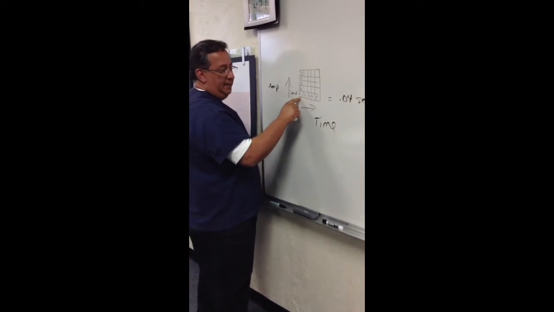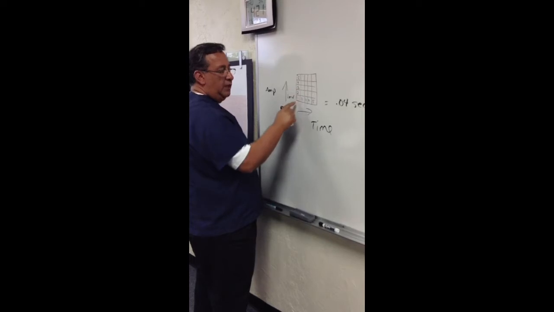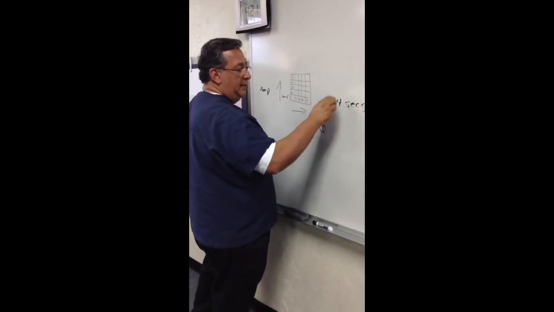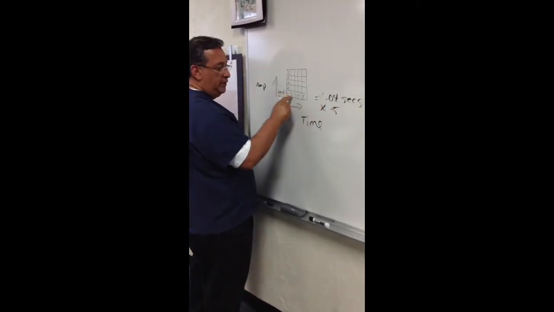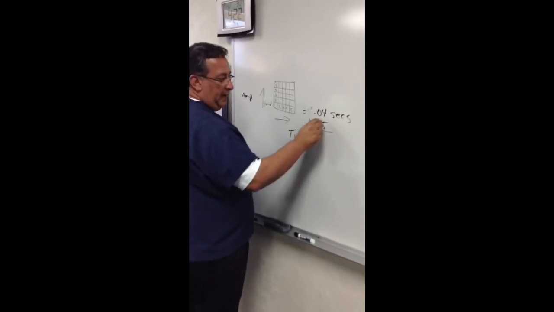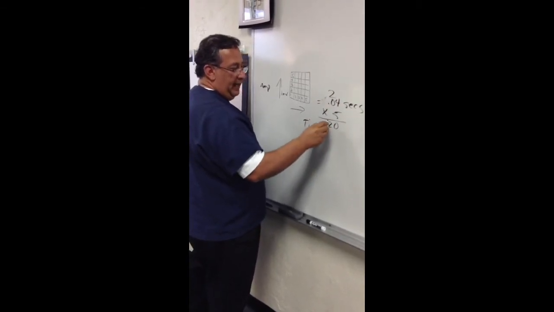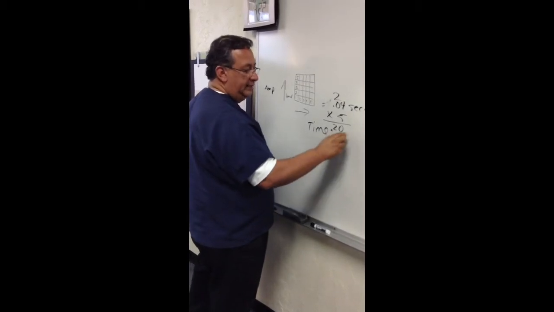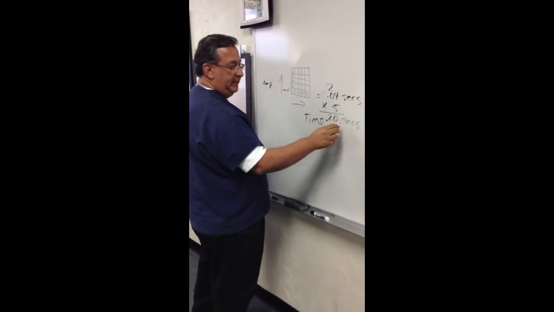If you were to add up the seconds for all of the little boxes in a large box, you would simply say 0.04 times 5. 5 boxes, 1, 2, 3, 4, 5, times 0.04 would equal, 5 times 4 is 20, 5 times 0 is 0 plus the 2, and so bring our decimal point over. So we have 0.20 seconds. So 5 little boxes equals 0.20 seconds.